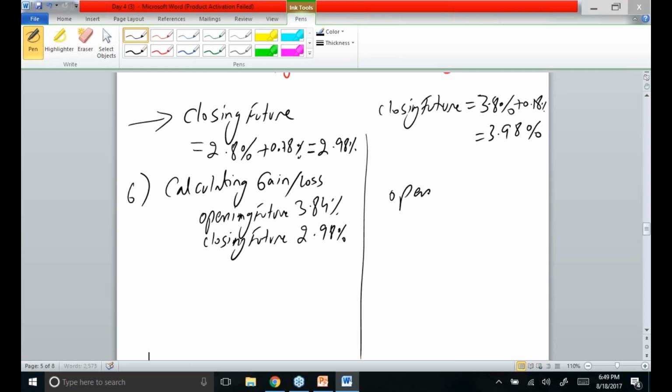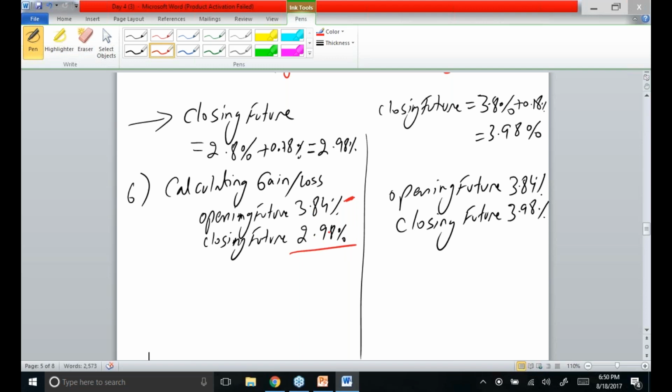And the closing future is 3.98. Okay, in this scenario, you have locked your interest cost at 3.84. But in the market, now interest rates have gone down to 2.98. So that means you will face loss here.